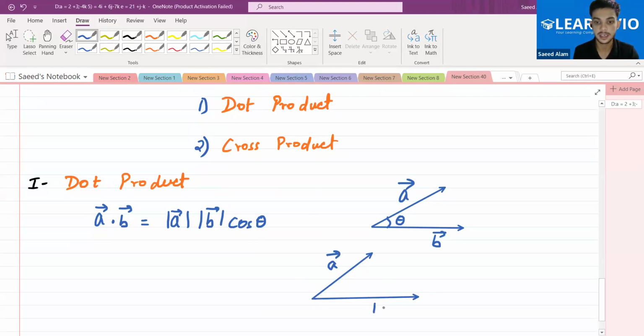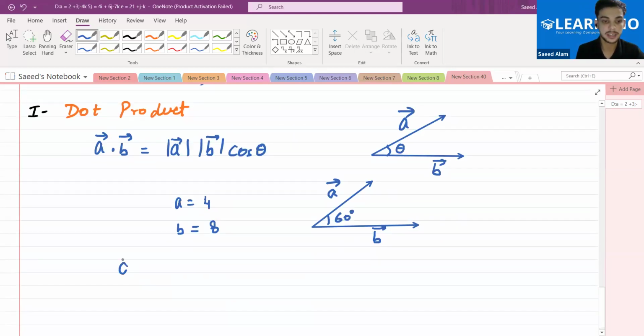A is this and B is this, and let's say the angle between them is 60 degrees. Athiya, tell me, what is the magnitude of A vector? Let's say it is 4 and B is 8. So what will A dot B be defined as?